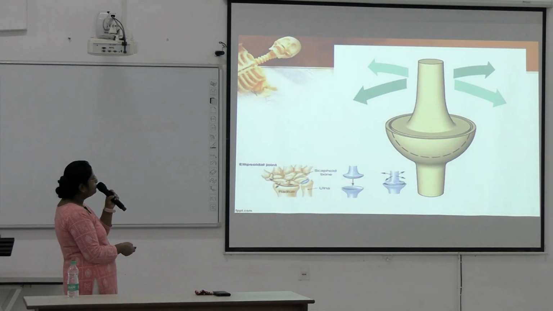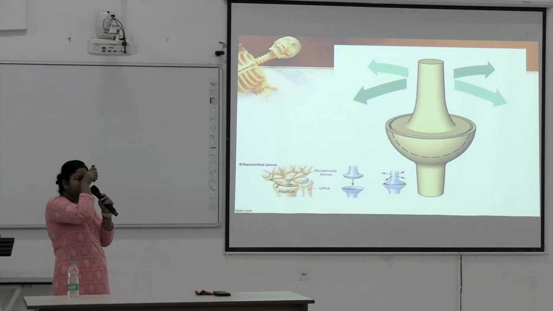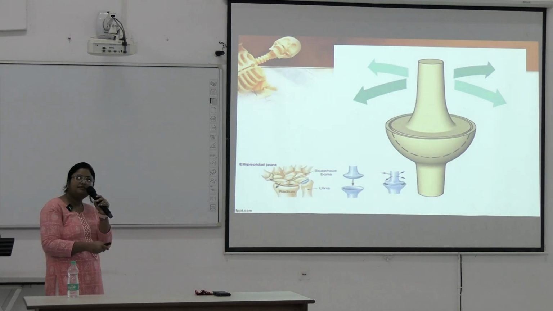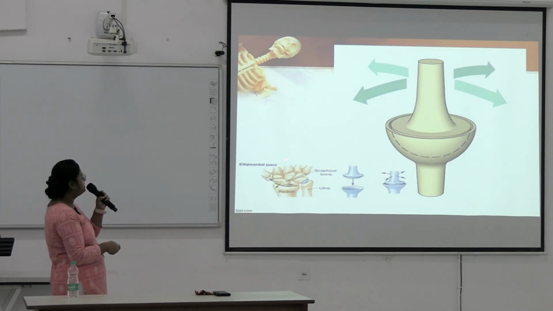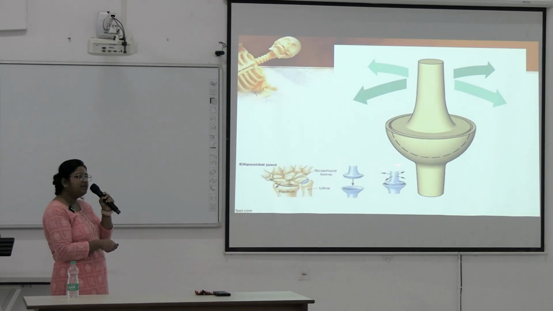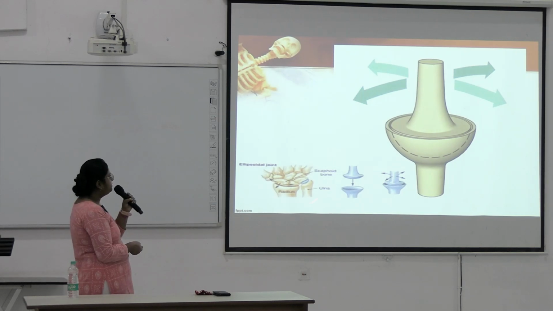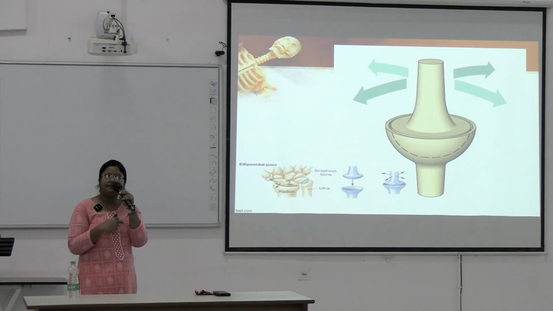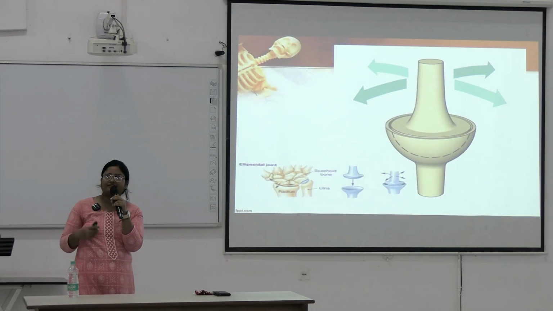All these together form this convex elliptical portion. Okay, understood. In the wrist joint, an example of an elliptical joint, the convex surface is formed by the carpal bones and the concave surface is the radius and the articular disc at the lower end of the ulna. Okay, the lower end of the ulna is not directly taking part in the formation of the joint.